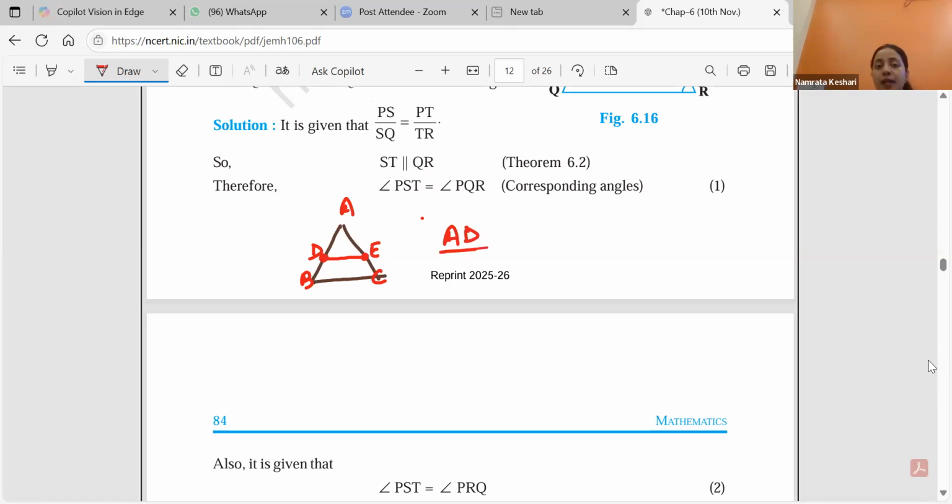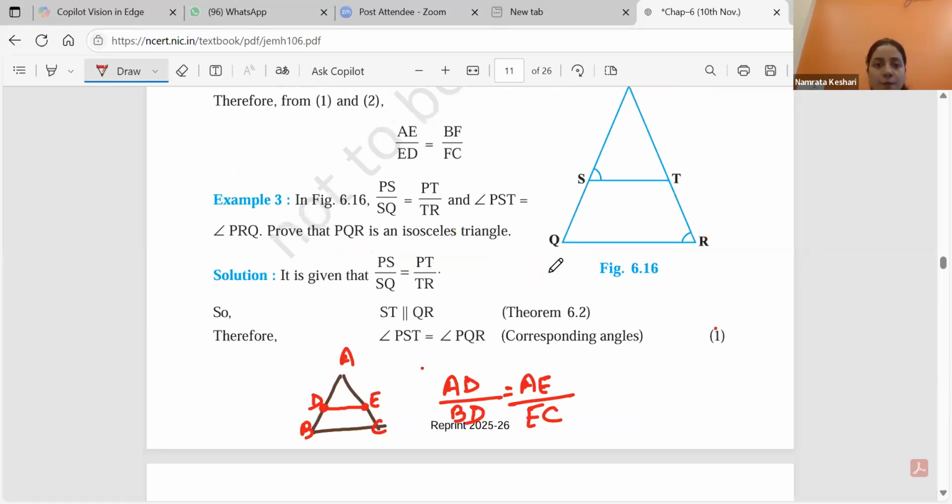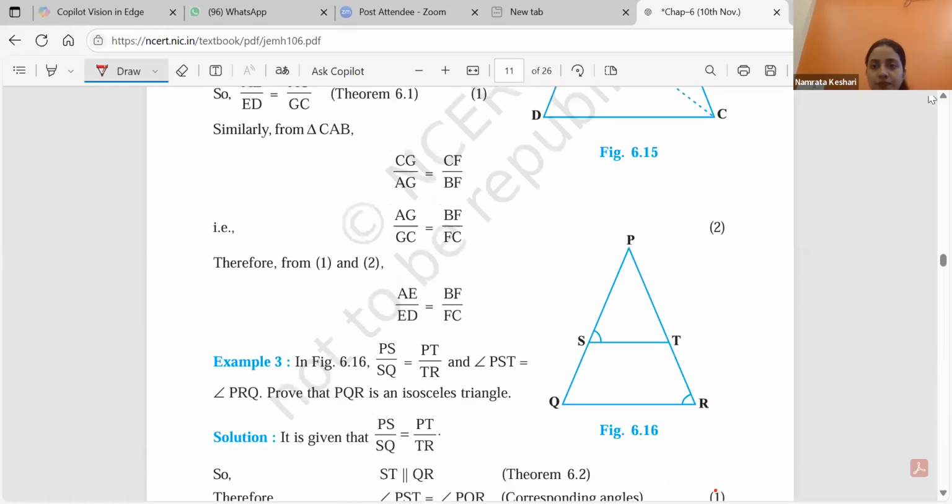That means AD by BD will be equal to AE by EC. And we have proved this ratio in the last class.